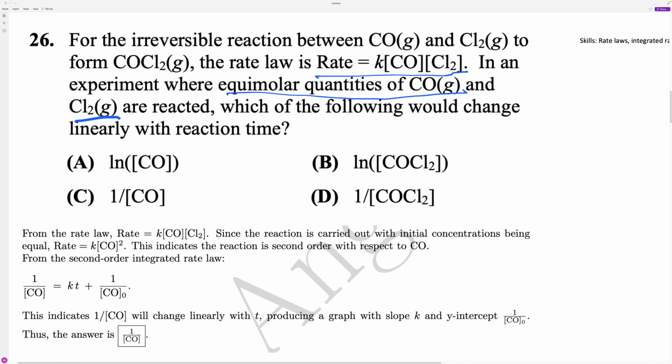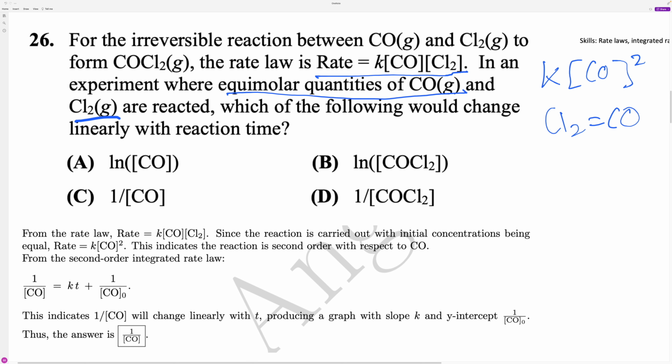So we can essentially substitute one for the other. Let's say that we substitute this here because Cl2 equals CO, at least in terms of the initial concentrations, because that's what the question says.